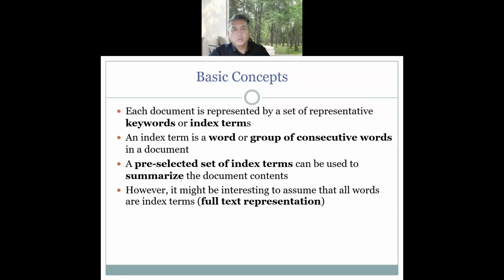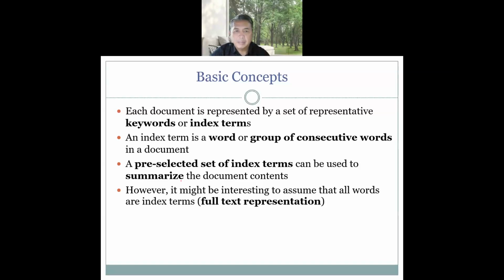So you don't want to have a long list of vocabulary for your information retrieval. So you want to reduce the number of vocabulary, and you just select the most important ones only.